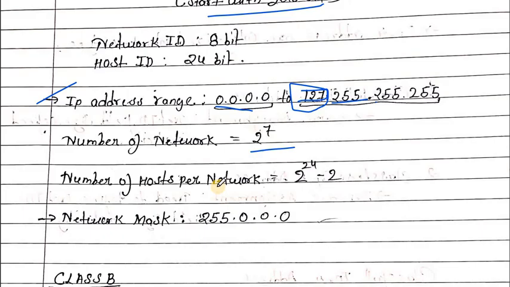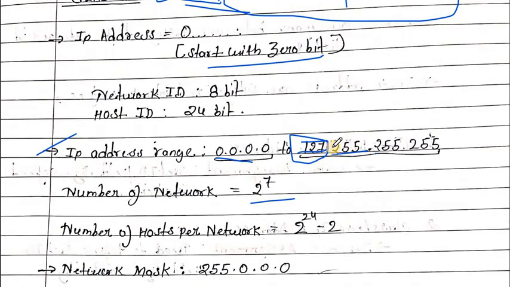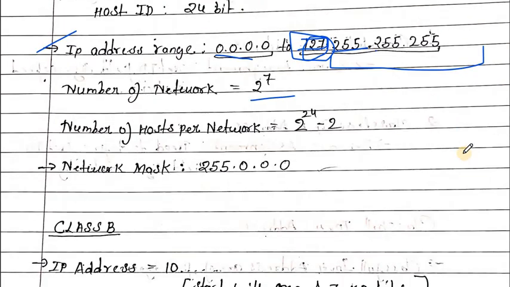Number of hosts per network in a given network. Here this is the network ID and the remaining is the host ID, so the number of host IDs is the number of hosts per network. The host ID field is 24 bits, so the number of hosts per network is 2 to the power 24 minus 2.